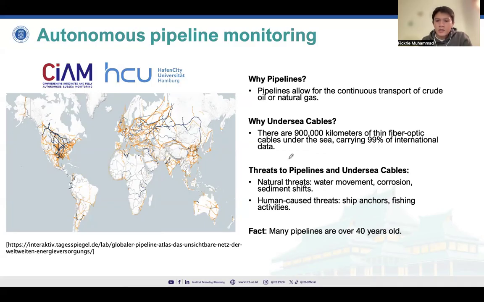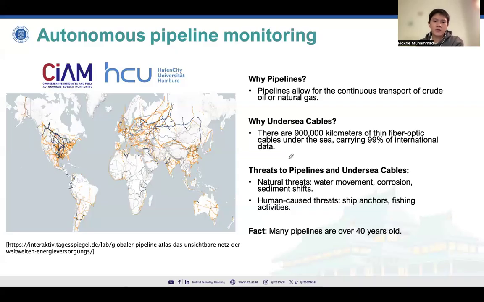And nowadays, there are threats to pipelines and undersea cables because of war and human-caused threats, for example ship anchors, fishing activities, wars, and natural threats like water movement, corrosion, sediment stresses, and also the age of the pipes, which is important for us to monitor. And it requires a lot of time to monitor all of the pipes.